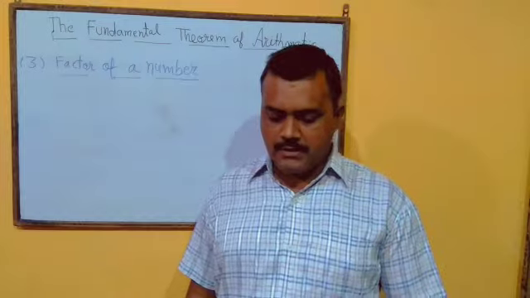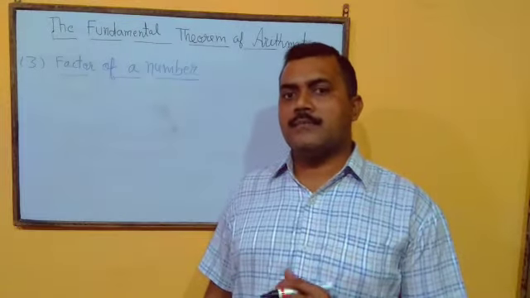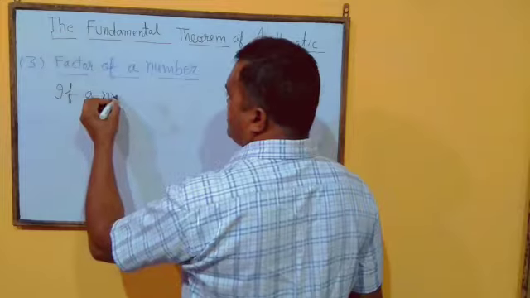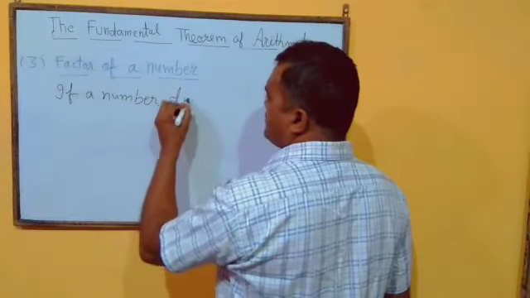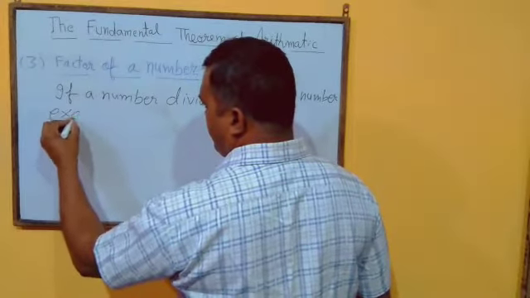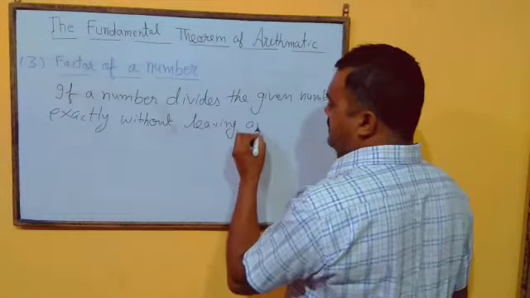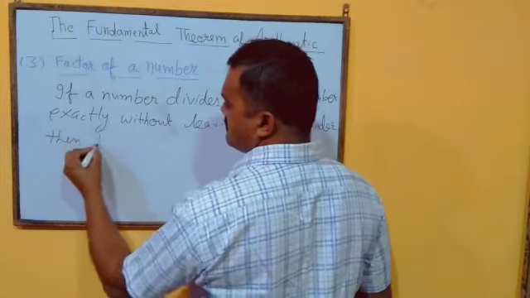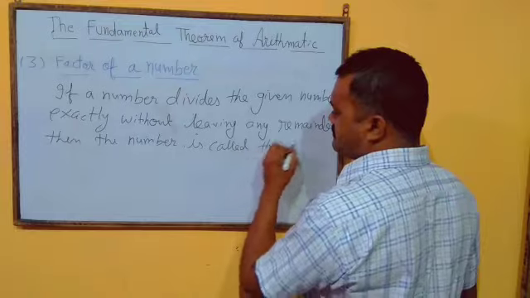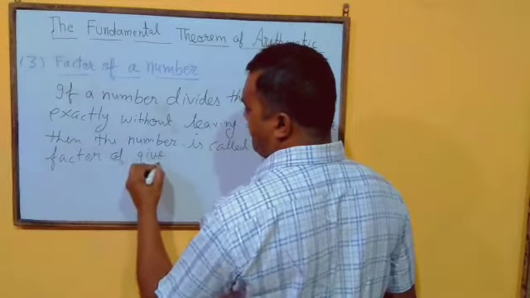What is a factor of a number? If a number divides another number exactly without leaving any remainder, then the number is called a factor of the given number.